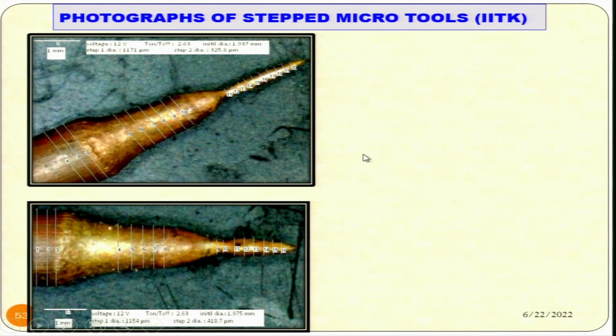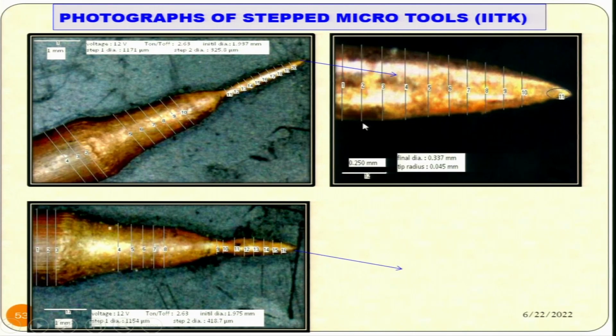Photographs of stepped micro tools, they can be produced. As you can see here, these are the largest diameter, smaller diameter, and then smaller diameter, and there is a tip which is still smaller than this. Here is the enlarged or magnified view, and you can see clearly 10 parts, 11 parts are there.